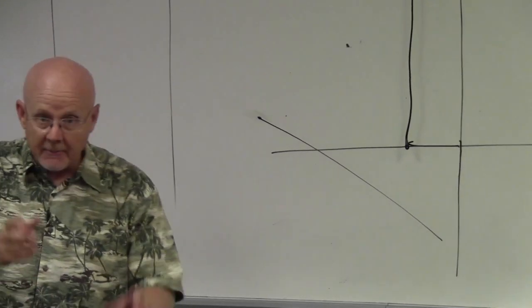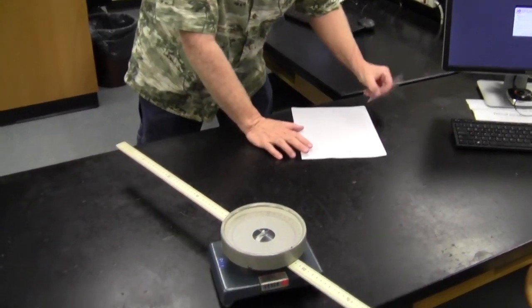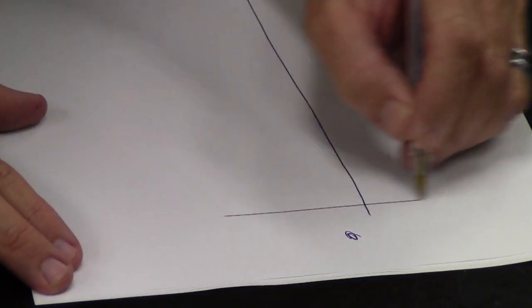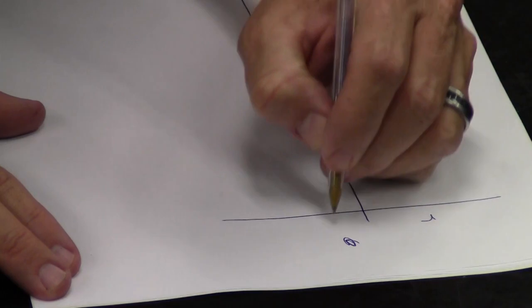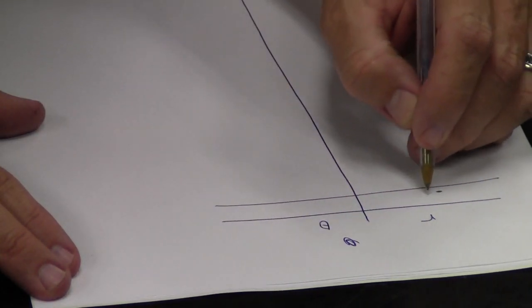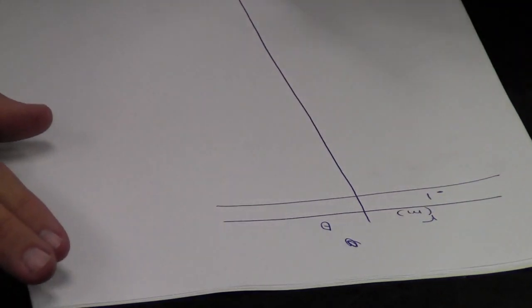So again, let me kind of move around to over here by the equipment, so I don't have to keep walking back and forth to the board. I'm going to make a little chart here, and this will be my R, and this will be my theta. And as I said, I will measure things in meters. I will start at 0.1.